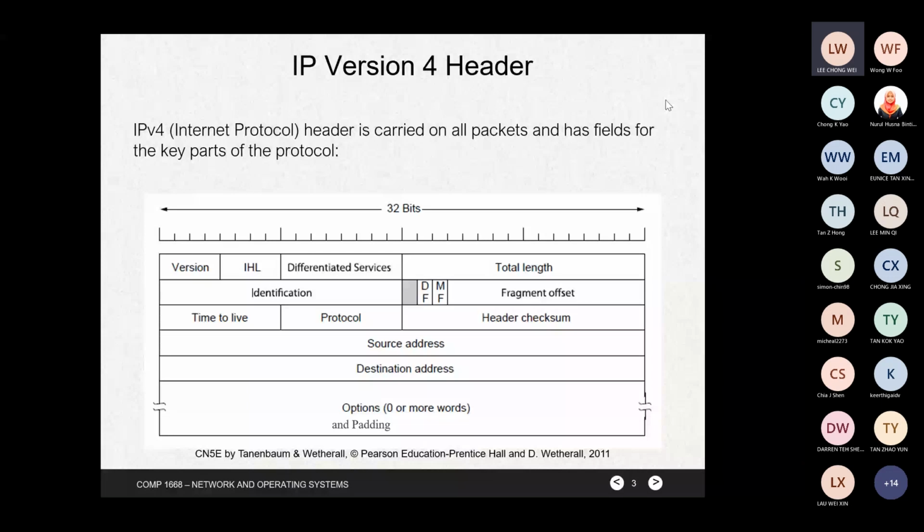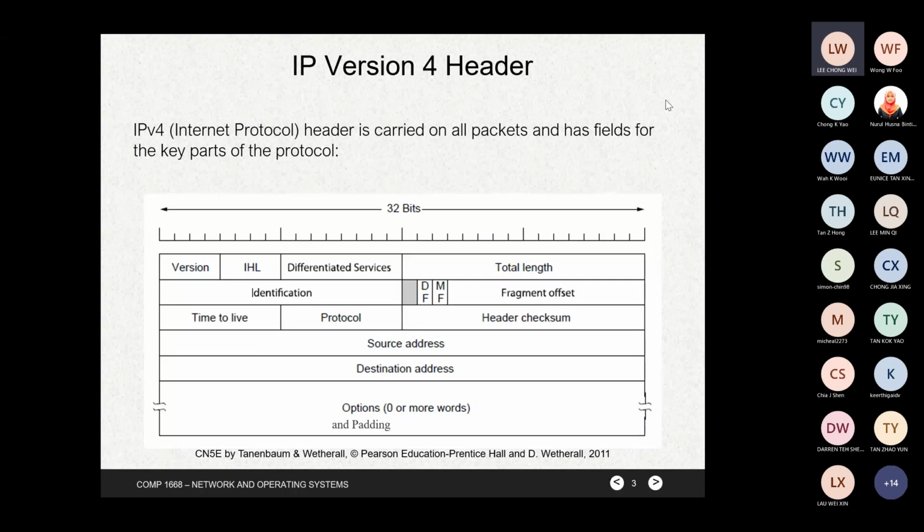Of course, if it is an open exam or take-home exam, you will not run into any problems. You can always refer to this slide or to any other resources in order to answer. If it is a closed book exam, then you have to memorize all these. You have to explain one by one. What is version? What is IHL? What is differentiated services, and so on.